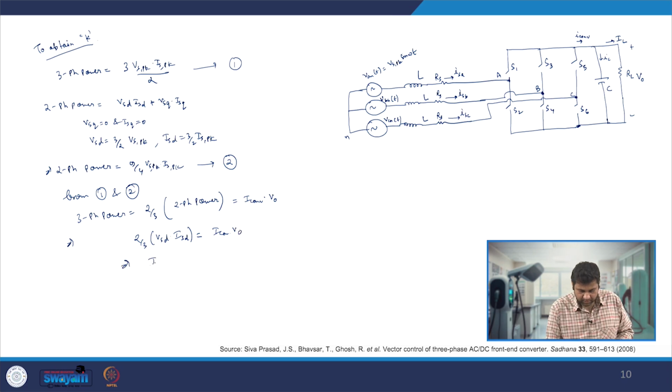And that is nothing but my I converter is 2 by 3 VSD by V naught, and this times ISD, and this is nothing but equal to K. So from here we can say K is 2 by 3 VSD by V naught.